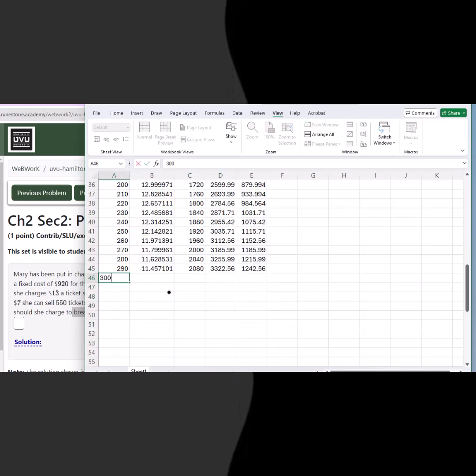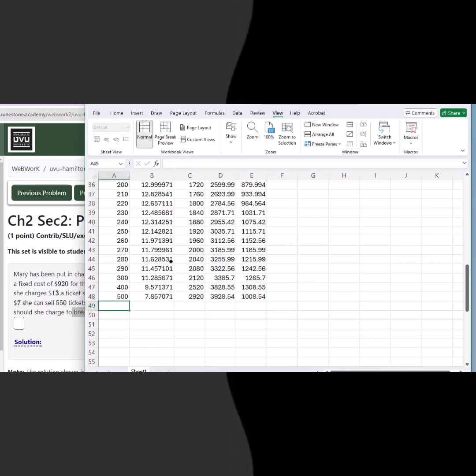So now I'm going to have bigger jumps in my data, 300, 400, 500. See how my profit was going up, and now it's starting to go back down. So I could have a second break-even point out here somewhere. There we go. Somewhere between 600 and 700.